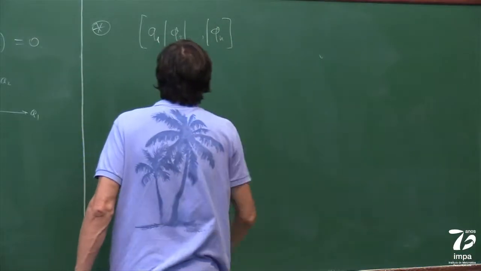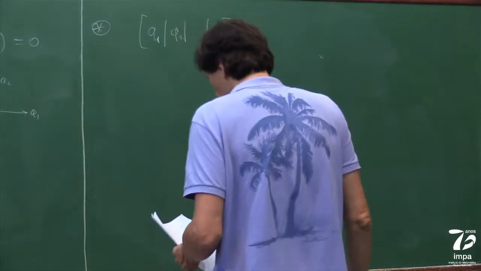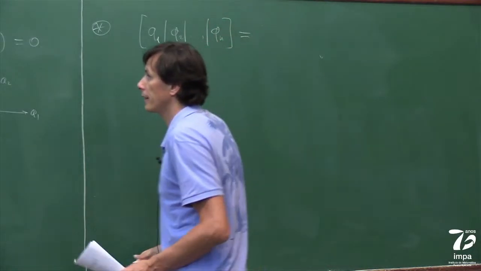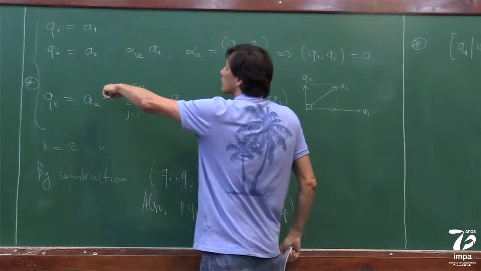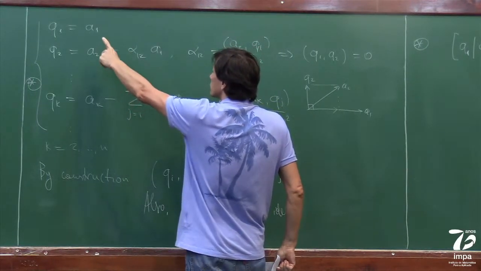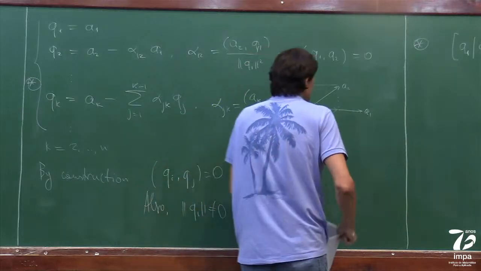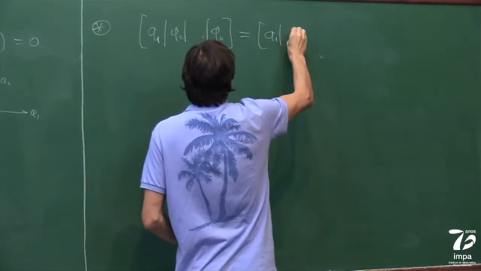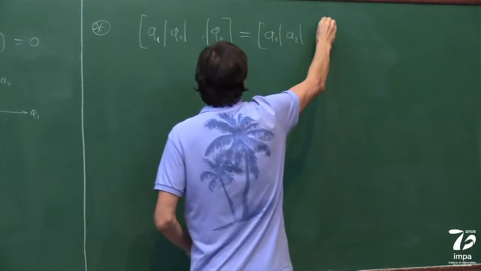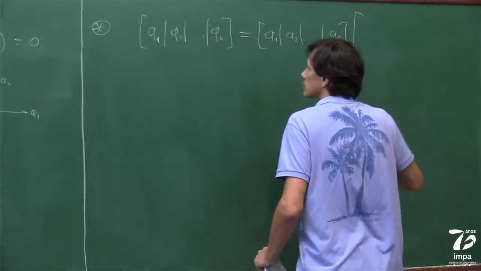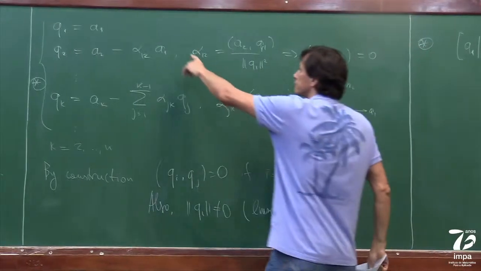So these n columns. And this will be equal to a product of two matrices. The first matrix will be columns of A. And the next matrix is exactly the coefficients.